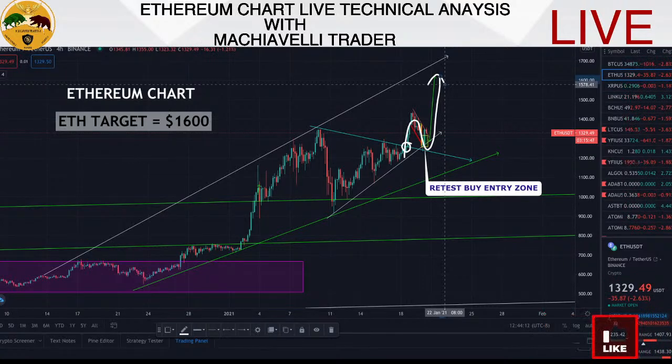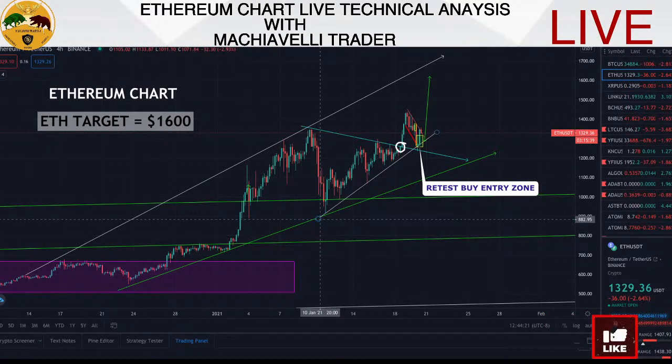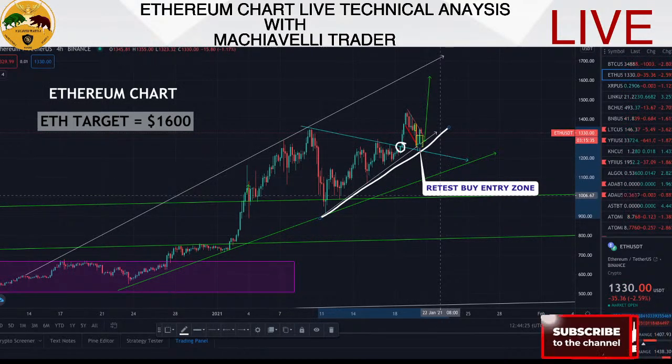As you can see right now, if you look closely, the bulls have clearly kept respecting this trend line right here. So we are seeing some upward pressure on Ethereum. And this is the 4 hour chart.